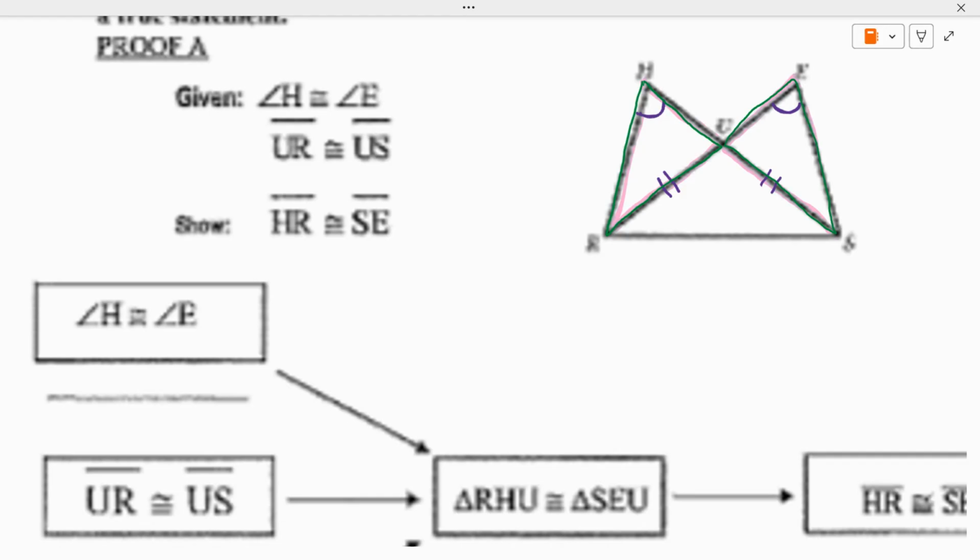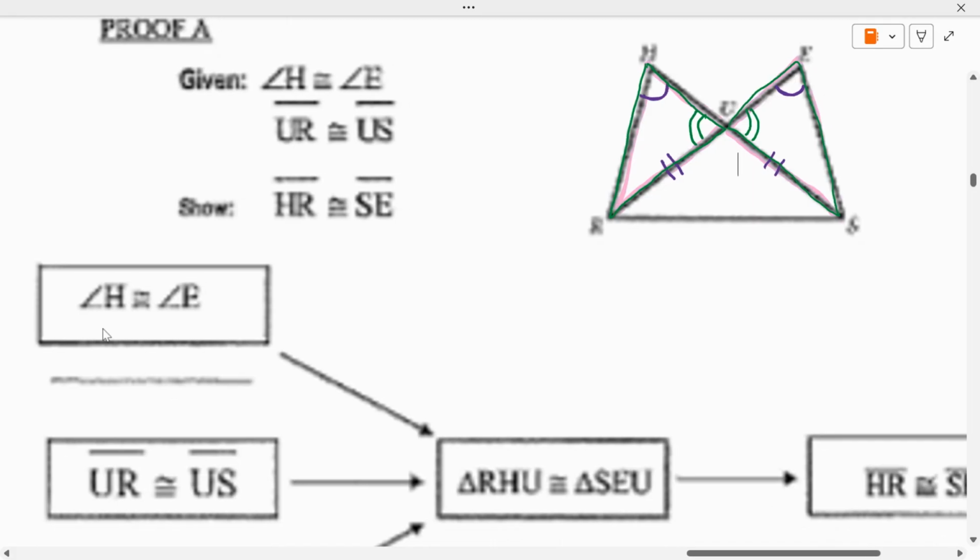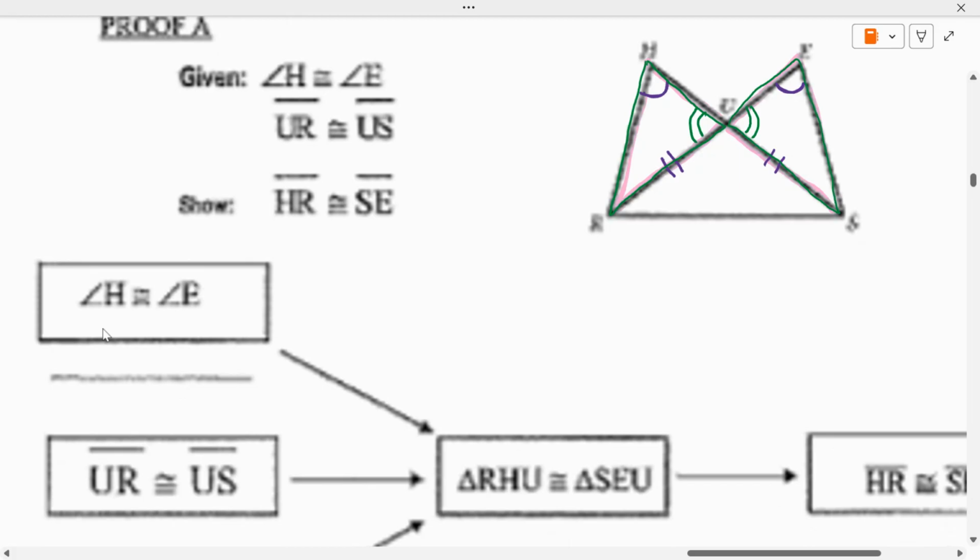We learned something last year about when two lines intersect and make an X, they create special angles. Their name begins with a V. Vertical angles. And we know that vertical angles are congruent. So we're just kind of thinking it out, but that's going to be the next logical statement.